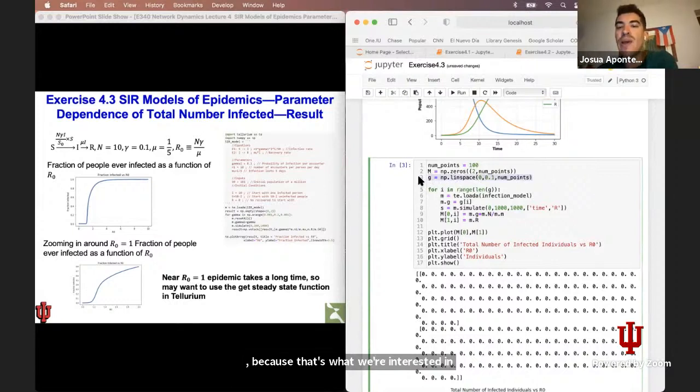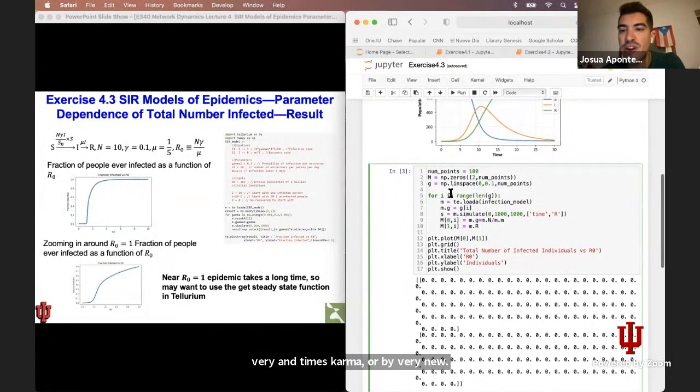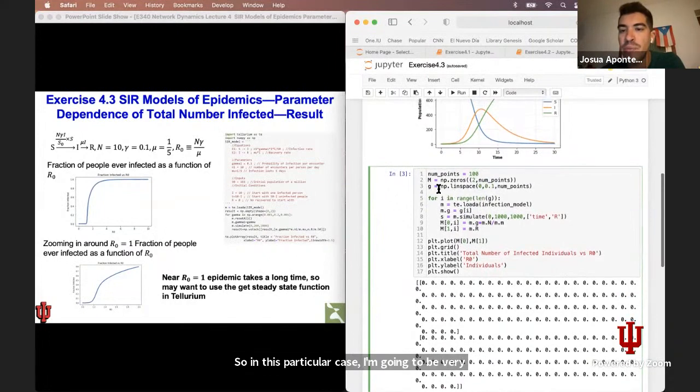Remember that R naught is n times gamma over mu. So I can vary R naught either by varying n times gamma or by varying mu. In this particular case, I'm going to be varying mu.